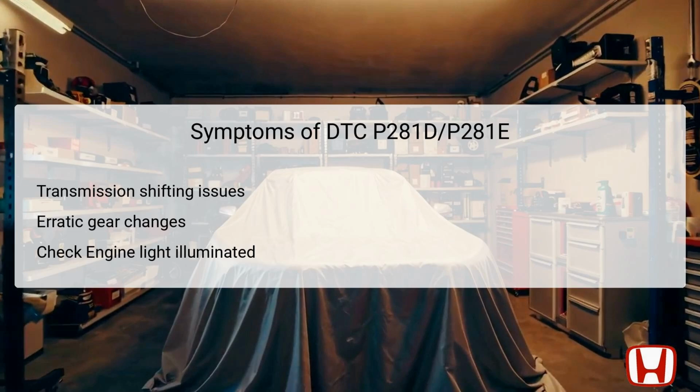Additional performance issues, such as slipping in gear or delays in shifting, may also present themselves as the transmission struggles to adjust to shifting needs due to the affected solenoid. These symptoms highlight the importance of addressing the trouble codes promptly to prevent further transmission damage.